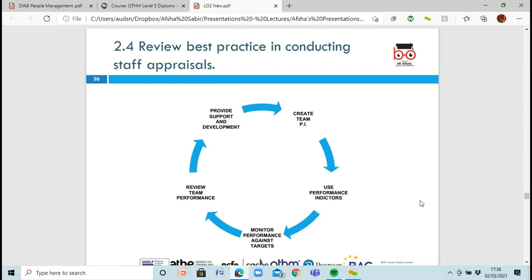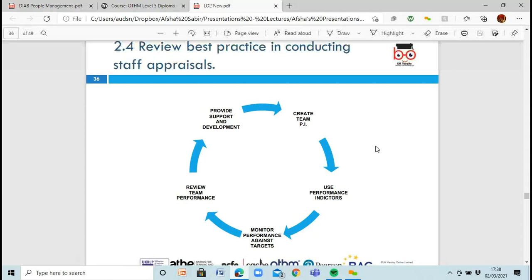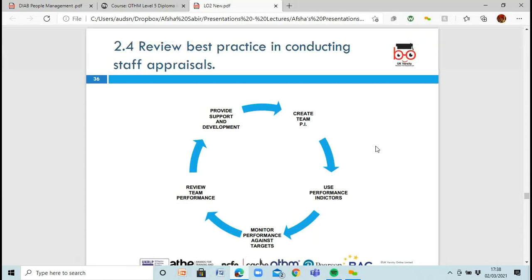So when we look at staff appraisals, this is the best way to describe it. It's like a full circular motion. It's something that's always ongoing, regardless of how often you look at it. So you would start off with creating team performance indicators, so PI. Once you've created those performance indicators, you'd actually use those against your performance.